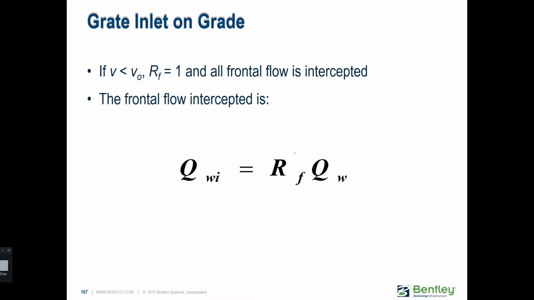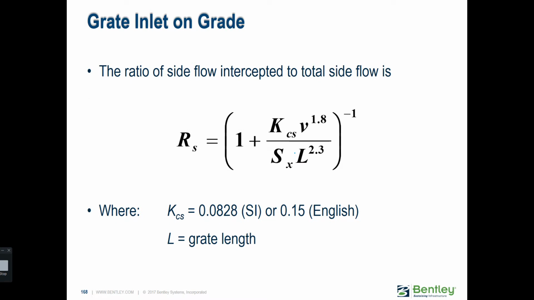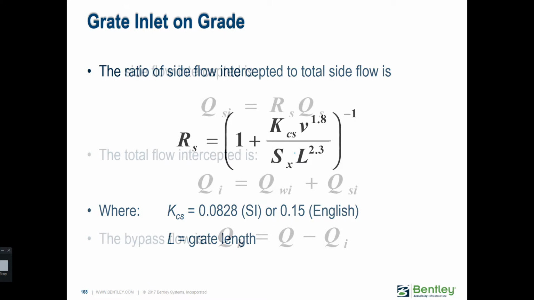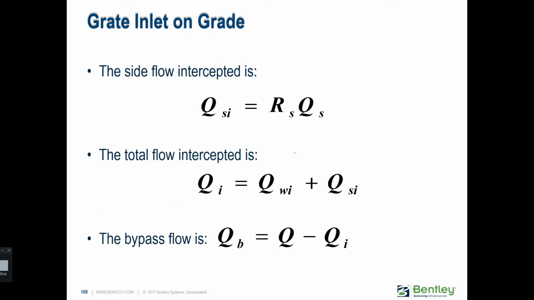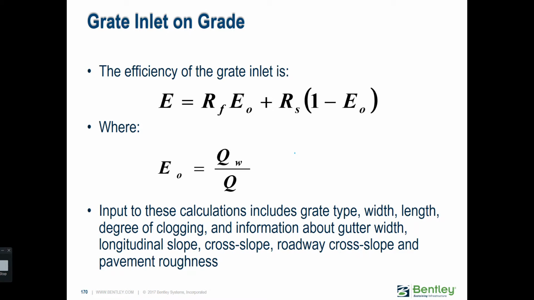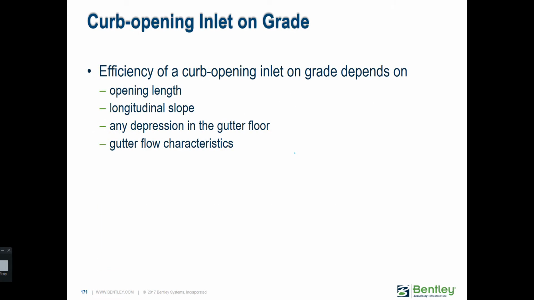So if you have a grate inlet on grade, this is how we calculate the frontal or side flow intercepted. Okay, I know it's after lunch, so we're not going to go over equations. But again, they're here for your reference so that you can understand what the software is calculating in all the scenarios.